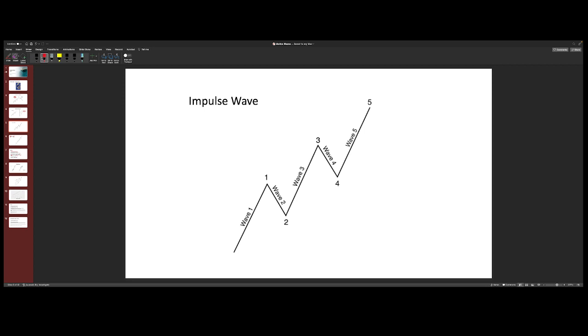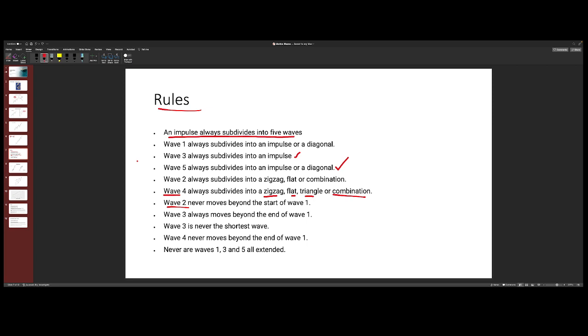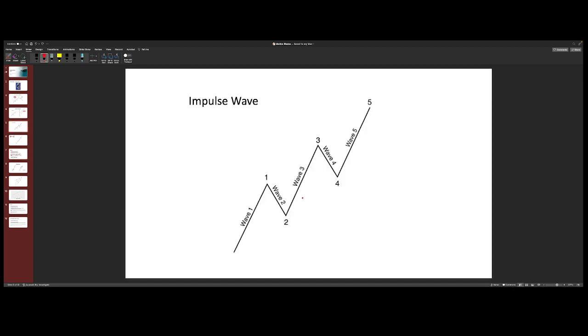So wave 2 never does this. That's a no-no. It always stays within the price action of wave 1. Wave 3 always moves beyond the end of wave 1. So wave 3 always goes beyond here.